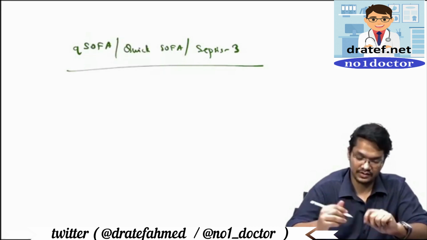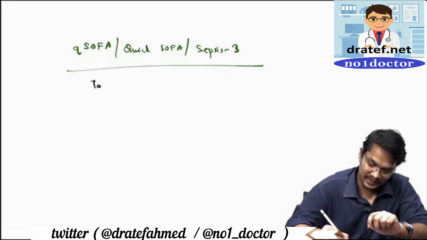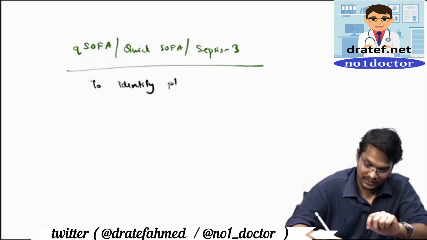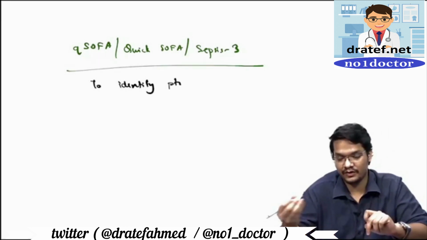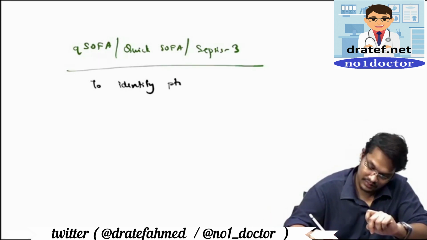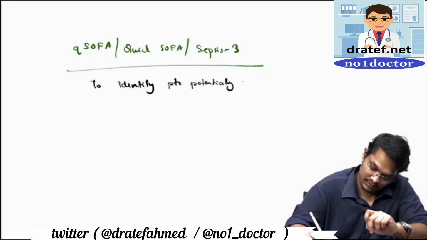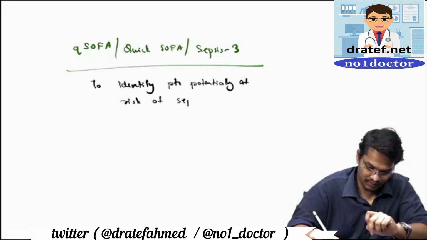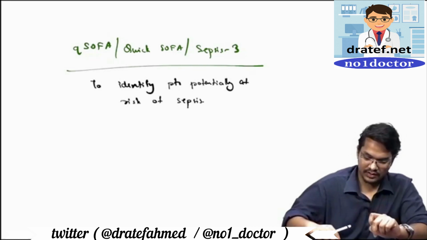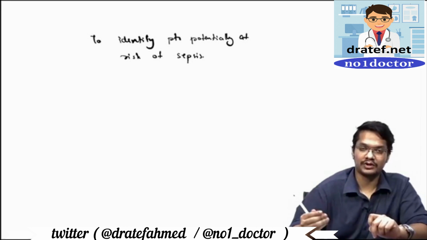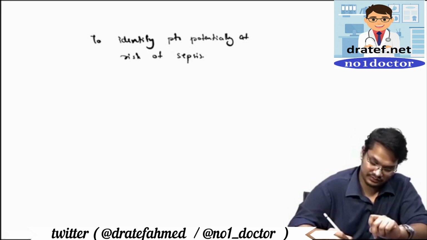The use of this score is that it helps us to identify patients potentially at risk of sepsis. Since it's supposed to be a quick score, it includes only 3 parameters.